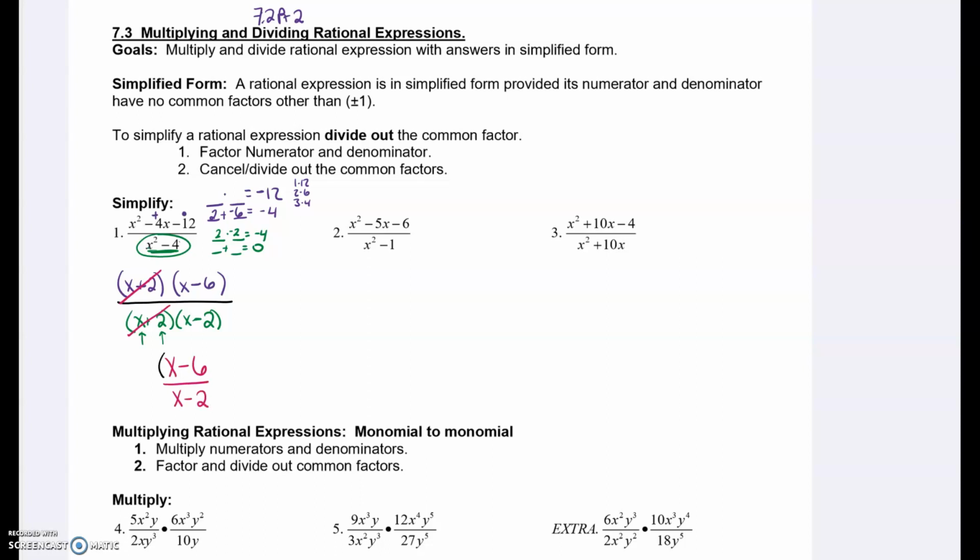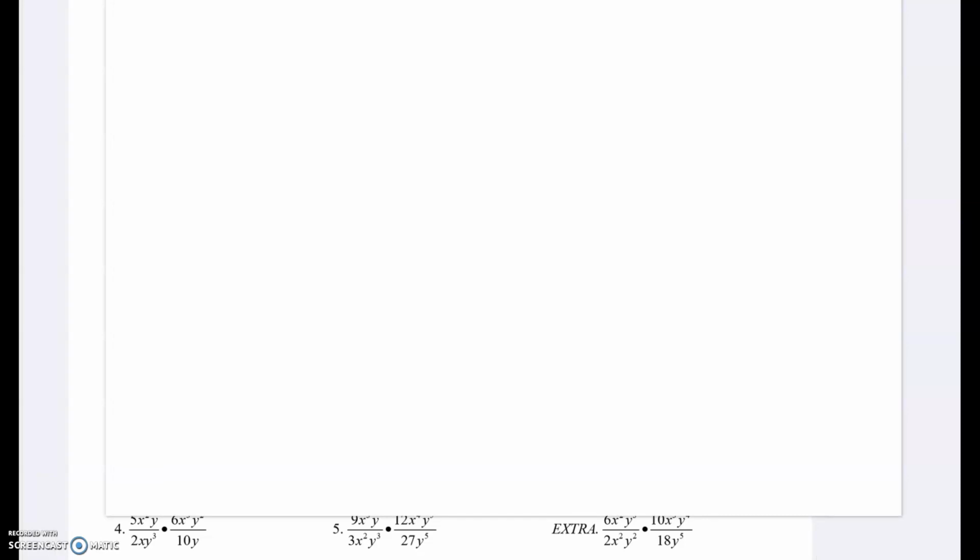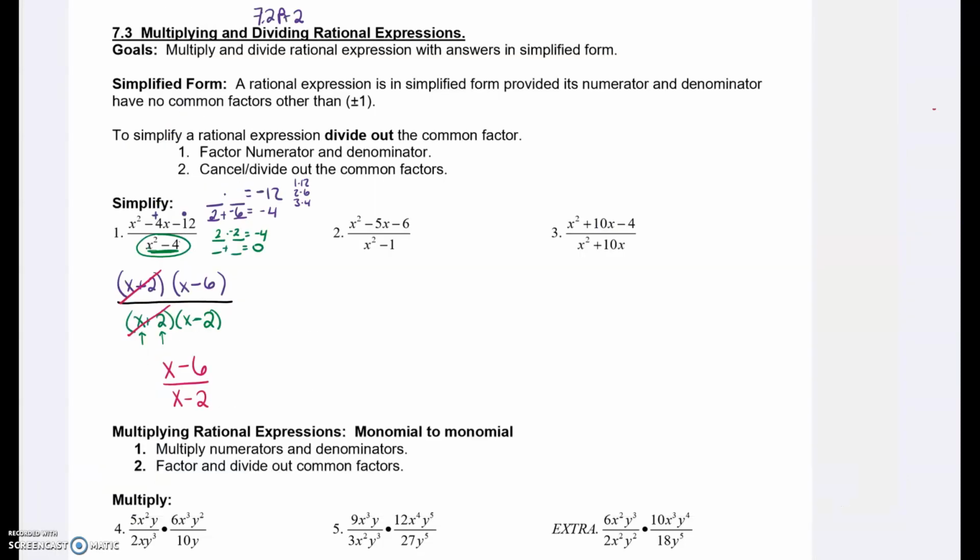I am perfectly fine with you leaving parentheses around it because that will actually help you to not make a mistake. A lot of people look at this answer and think, oh, look, there's an x on the top and there's an x on the bottom, so let's just cancel those out. But you cannot cancel out the x on the top and the x on the bottom because it's x minus 6 and it's x minus 2.